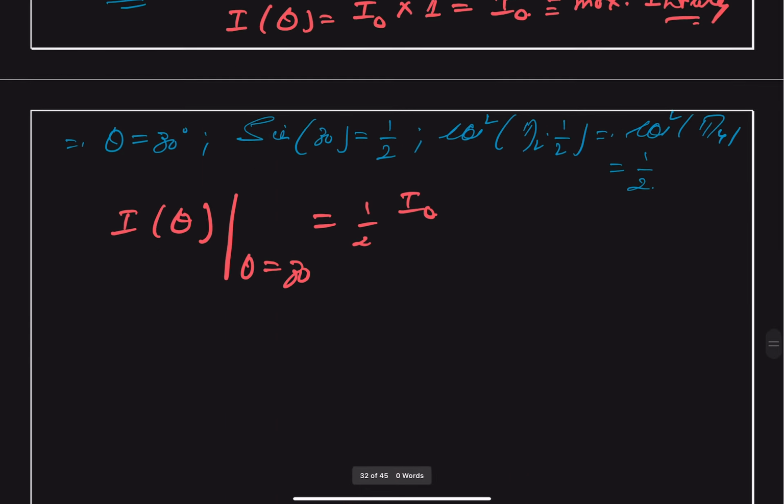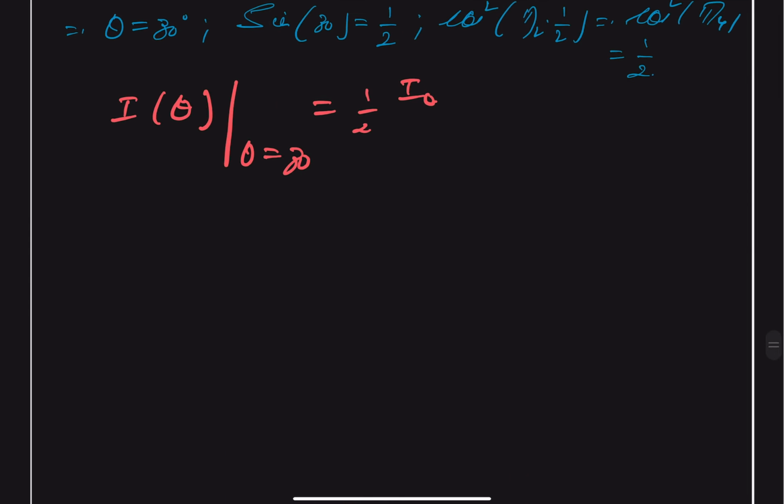And finally for theta is 90 degree. Sine of 90 is equal to 1, and this gives us cos square of pi by 2, which will be equal to 0.